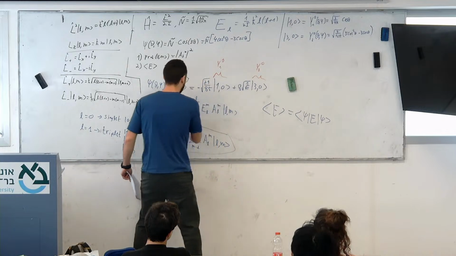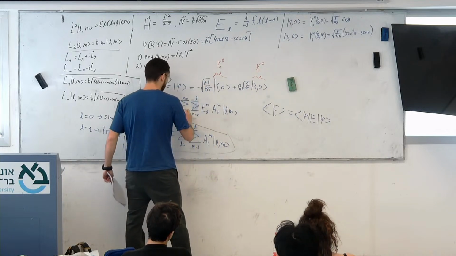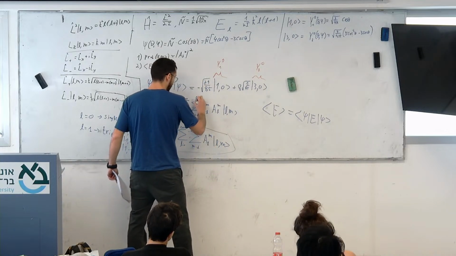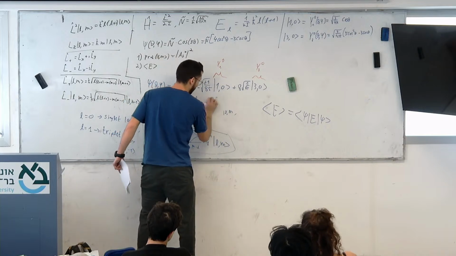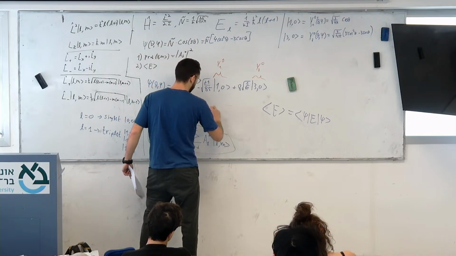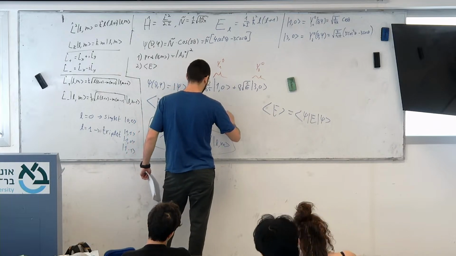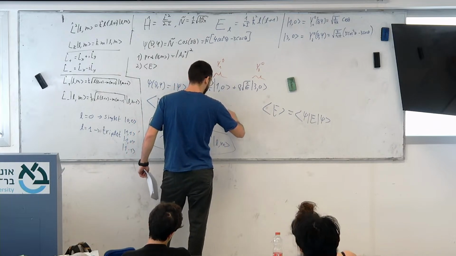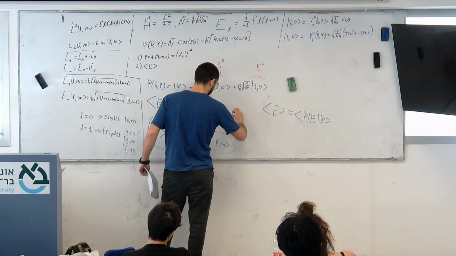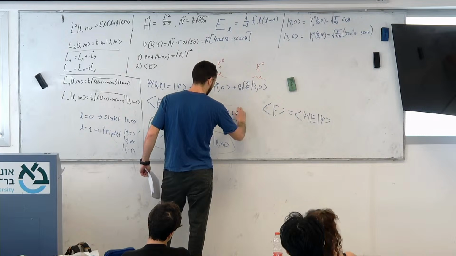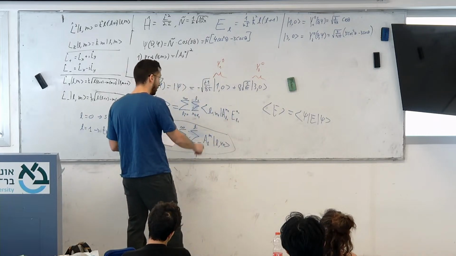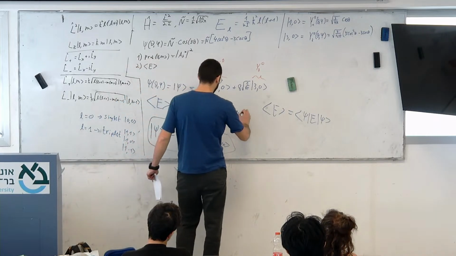So I need to have two sums over L1 and M1, A_L1M1, E_L1M1. It doesn't matter which E I choose, L1 or L2.